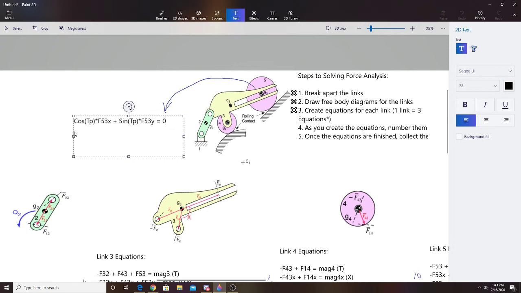So essentially what they said is that inside of this slider, the summation of the x and y forces added together must be 0, right?